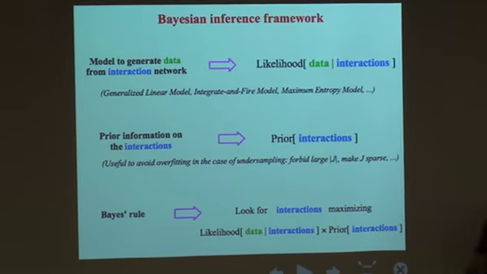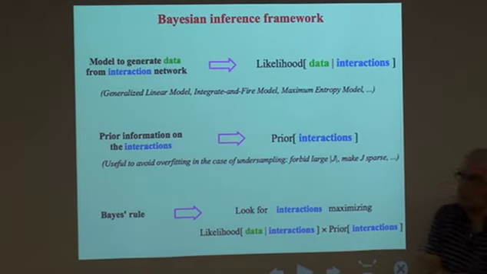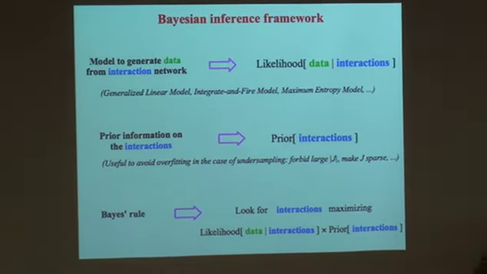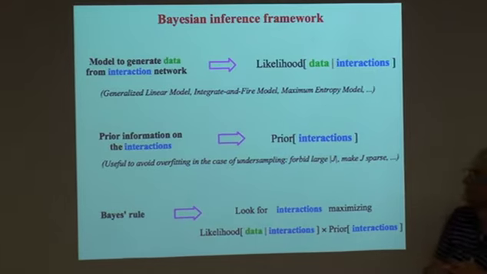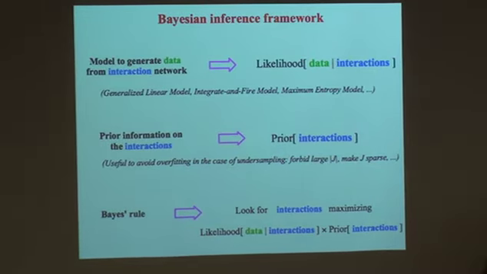In the Bayesian framework, we assume a model to generate the data from an interaction network. The model, which I will present in the next slide, tells you that if you are given a set of interactions, then the data, which is a raster plot, for instance, will have some probability.